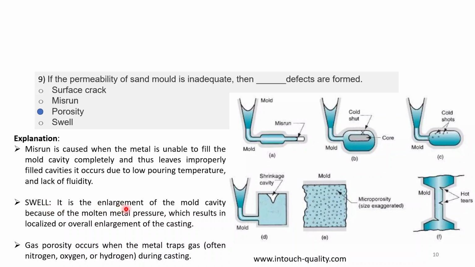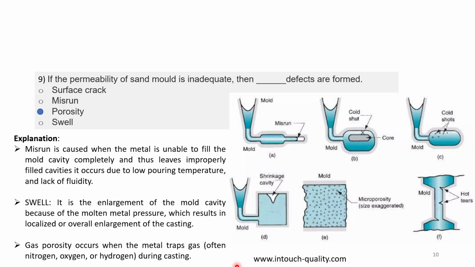If you have made a sand mold, then some sand will get loose from the edges and it will lead to enlargement of your cavity because of the molten metal pressure, which results in localized and overall enlargement of the casting. So the casting size will be bigger in this case compared to the pattern.